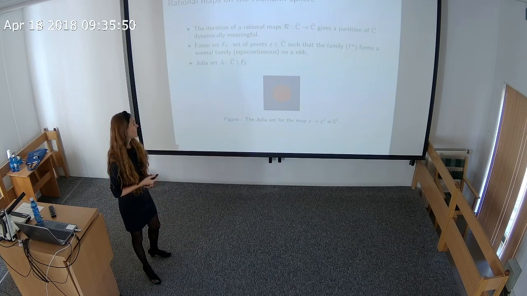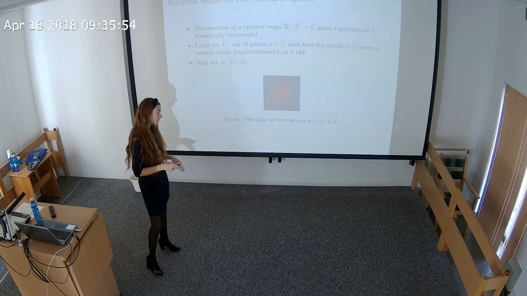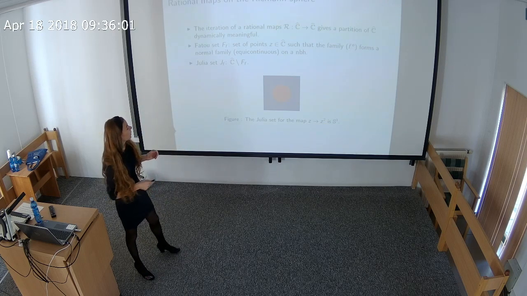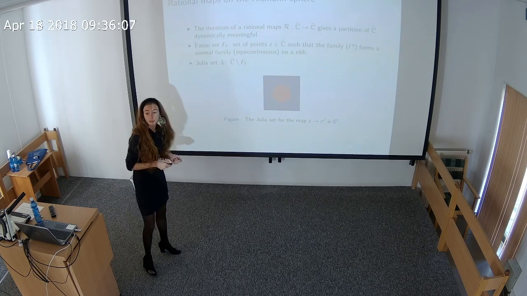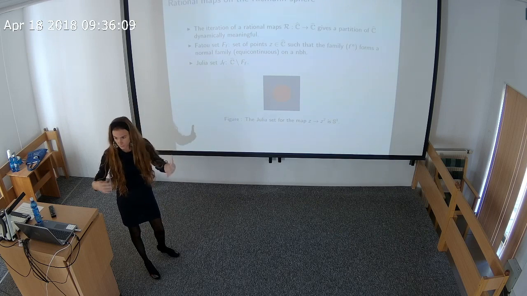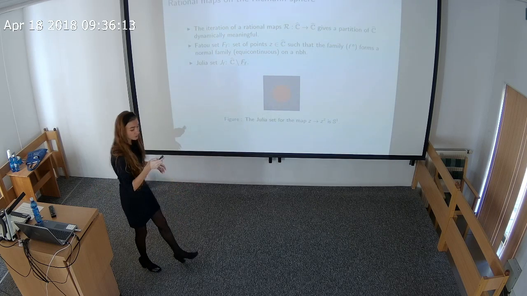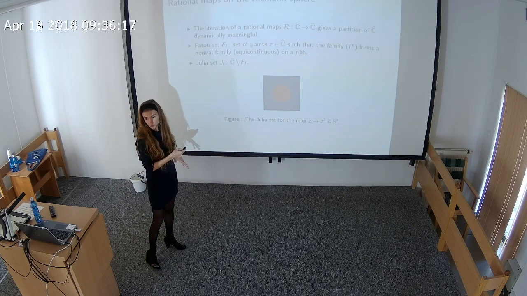So if we want to look at a very easy example, we consider the polynomial zeta goes to zeta square. Every point with modulus less than 1 that lives in the unit disk, if you start iterating them, will have modulus smaller and smaller, and they will eventually converge to 0, which is an attracting fixed point, super attracting actually.